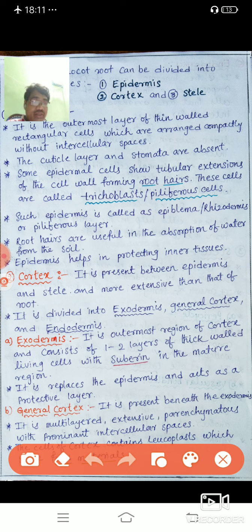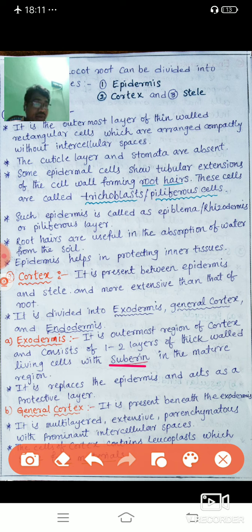The exodermis, the outermost region of the cortex, the cells are made up of suberin in a mature region.